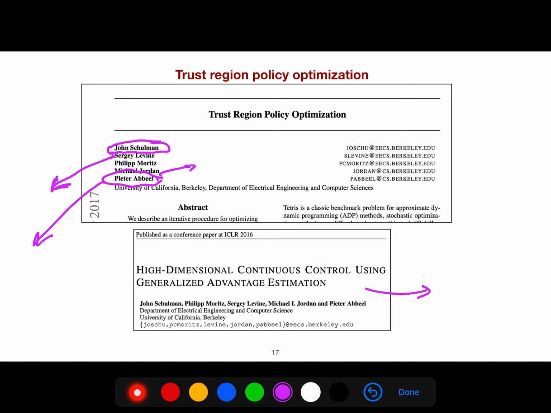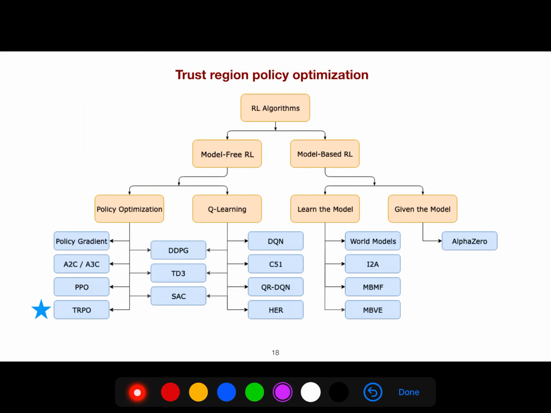Another article which is very important, that I may explain in the future, is high-dimensional continuous control using generalized advantage estimation, GAE, with almost the same authors from Berkeley. And our algorithm, as I said, is model-free.